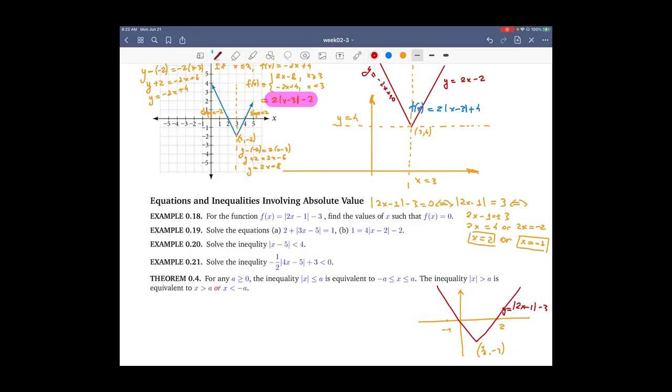All right. Now example 19. What can we say about equation A? 2 plus absolute value of 3x minus 5 equals 1.